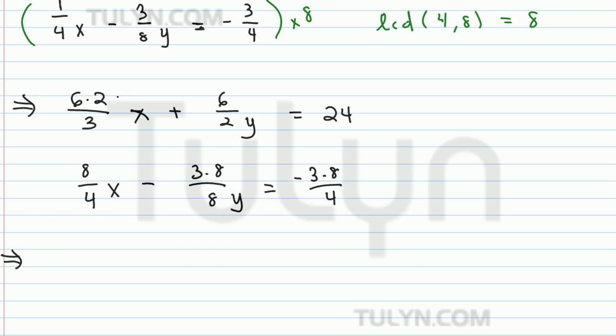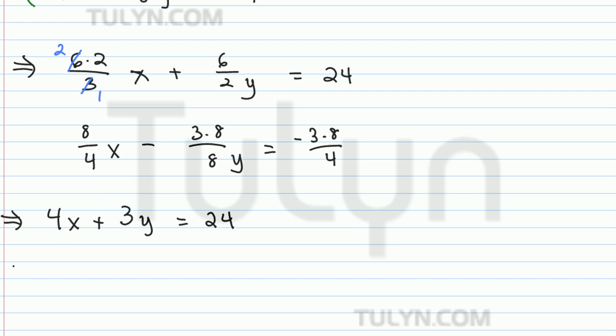So let's simplify the first equation first. We can cancel out, divide these 2 by 3. We're going to get 1 here, and we're going to get 2 here. So 2 times 2, we get 4x plus 6/2, that's 3y, equals 24, and that's our first equation.